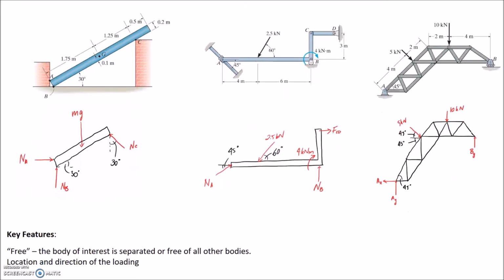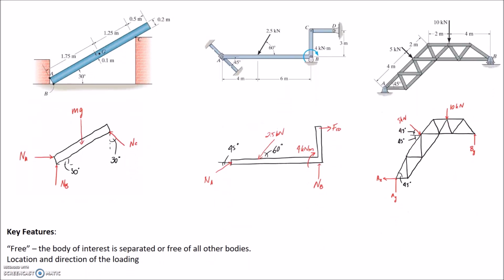So I've got a couple of key features that I've noted down for the free body diagrams. One of them is that it's free, okay? That's where the free in free body comes from. So that means that the body of interest is separated or free from all of the other bodies. That's what I talked about in terms of isolating your part of interest. Particularly for trusses, what I've done here is drawn the entire or overall structure's free body diagram.